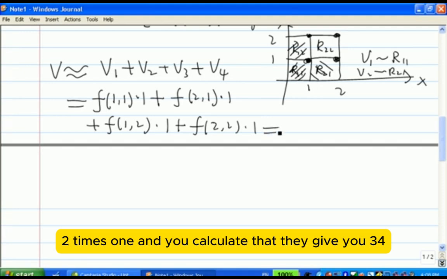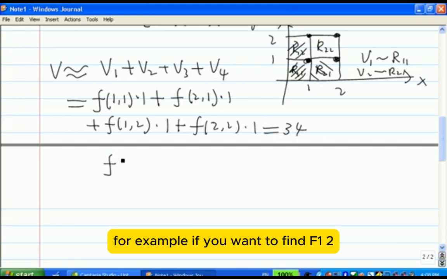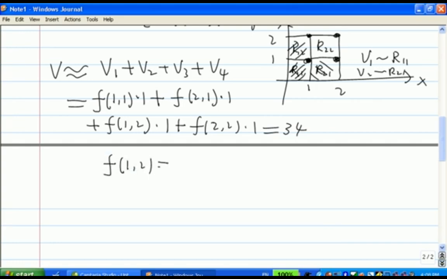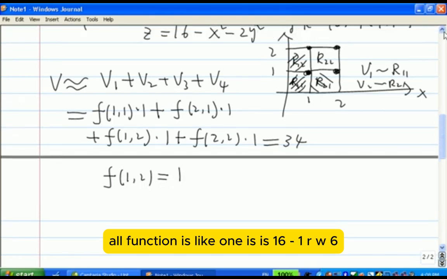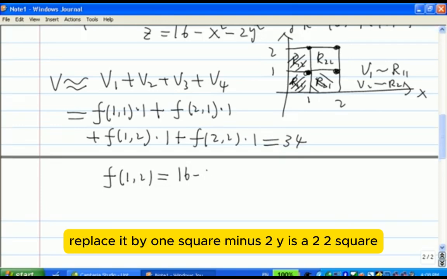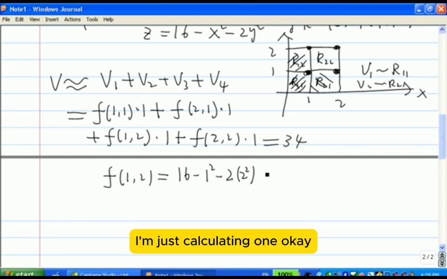You calculate that, and it gives you 34. Let me give you an example. If you want to find f(1, 2), our function is 16 minus, whenever you see x, replace it by 1, squared, minus 2 times y, which is 2, squared.